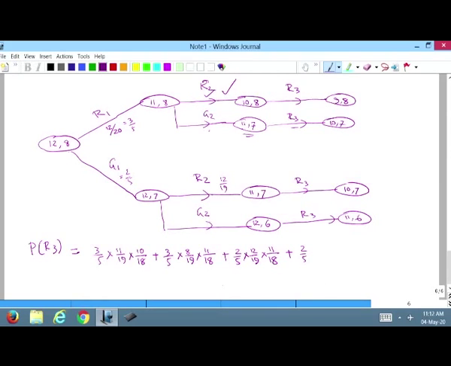2 by 5, this is G2, therefore, this is going to be drawing a green, therefore, that is 7 upon 19 multiplied by drawing a red out of 12 and 6.